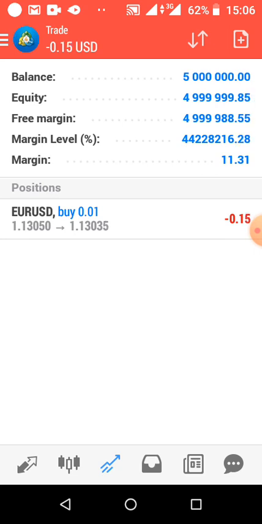In this window, we see the balance of the account, and we see the open positions or the running trades. You can see that on EUR/USD I placed a buy and it was executed immediately, and the buy is running. Now you can see it is still giving me red figures with a minus sign.